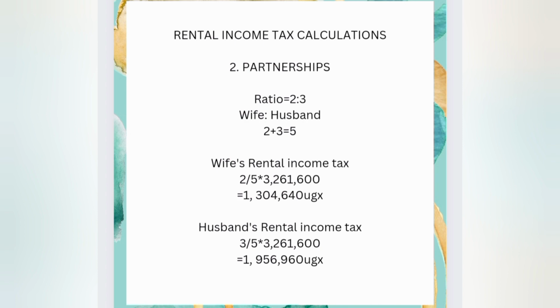So for the wife, what she has to pay URA is 1,304,640. Then for the husband, we follow the same procedure, the ratio of 3 divided by 5 times the rental income tax, 3,261,600. When we multiply that, the husband's rental income tax will be 1,956,960. So that is the calculation of the partnership category.